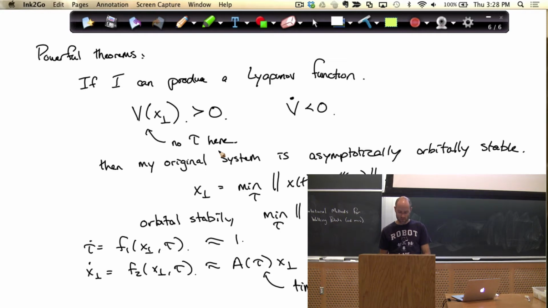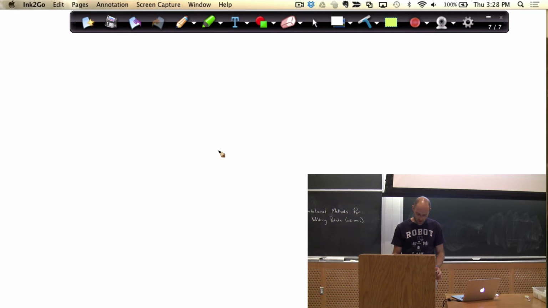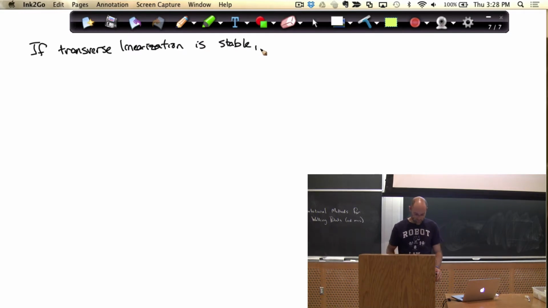Go forward. So, if my transverse linearization is stable, then there exists a unique positive definite solution.